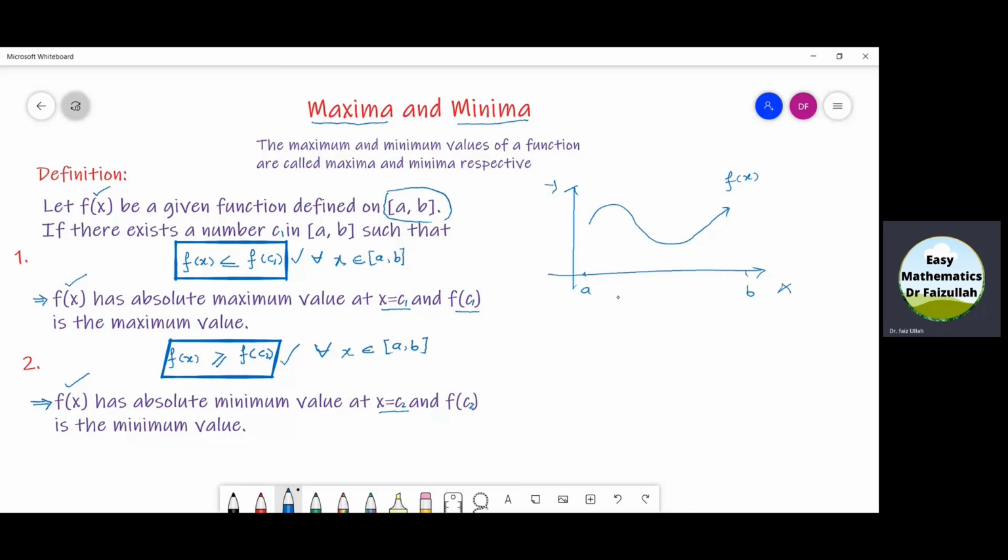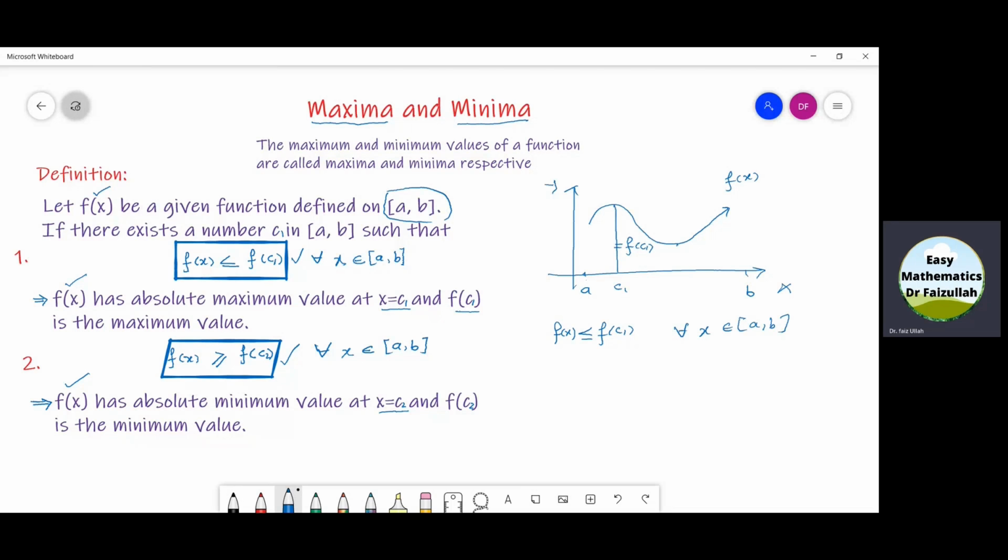Now let us say we have a point c1 here, and this value is f of c1. So we can see that any other value f of x is less than or equal to f of c1 for all x belongs to the interval a comma b. So that is why f of c1 is the maximum value.